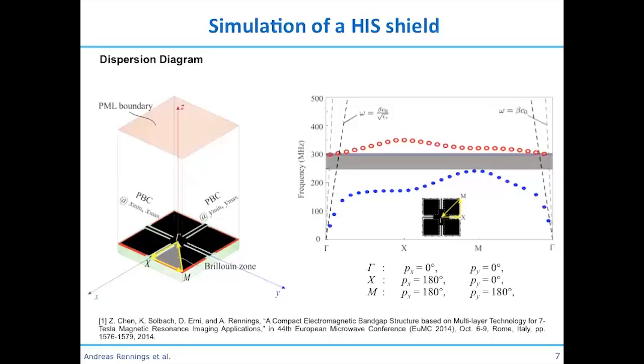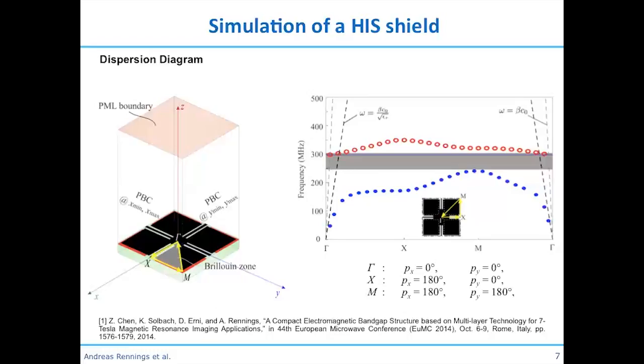Then there is another mode, a TE-like mode. That one is actually concentrated here within these two plates or in the area above the high impedance surface. And there is an area where you have no allowed mode. So no eigenmode is within this grayly shaded area.